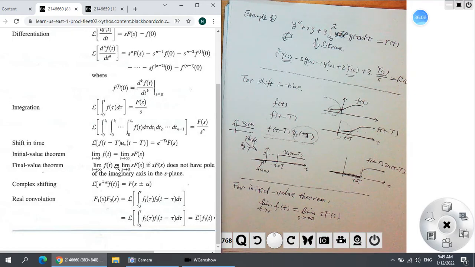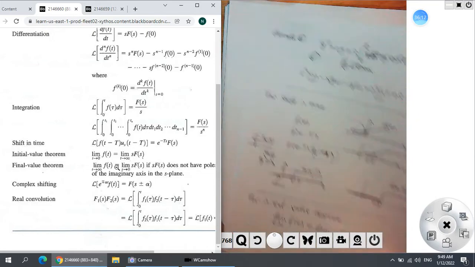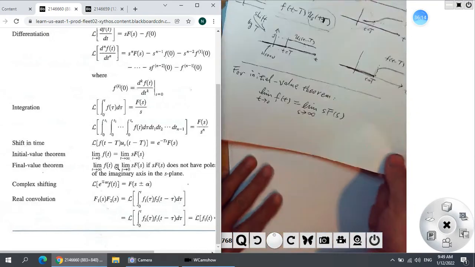And it's this one. I can use an example to explain it.